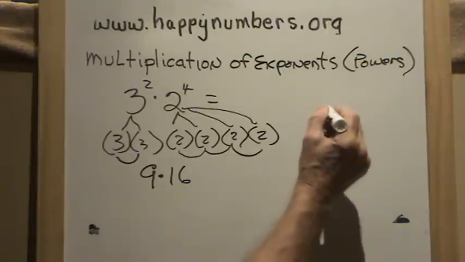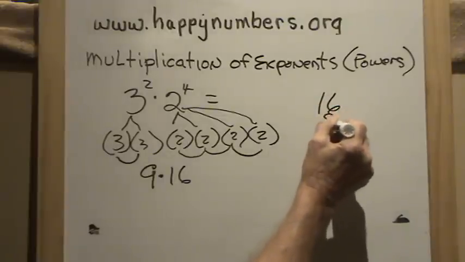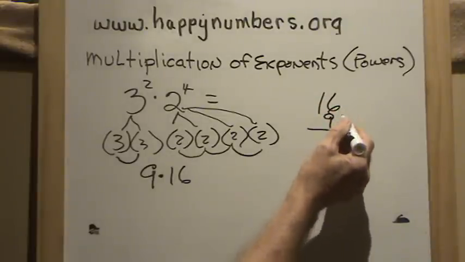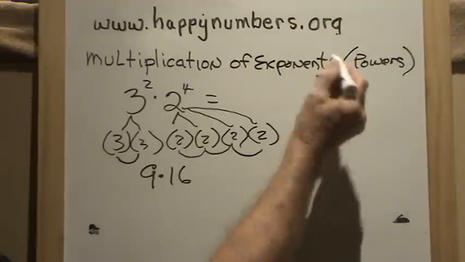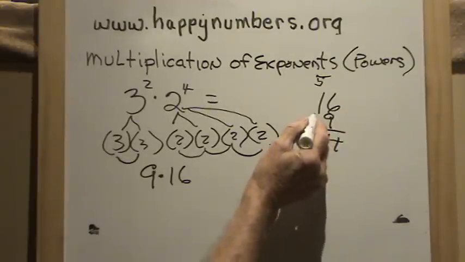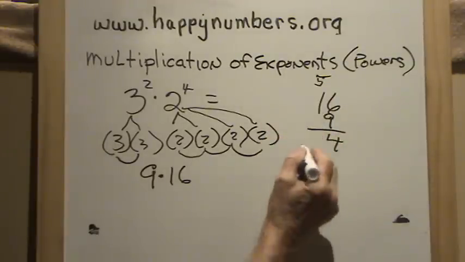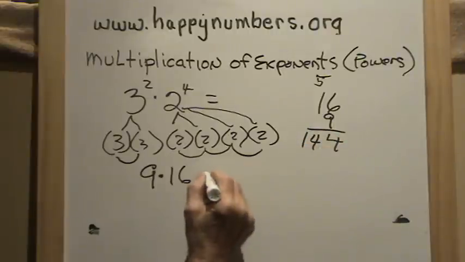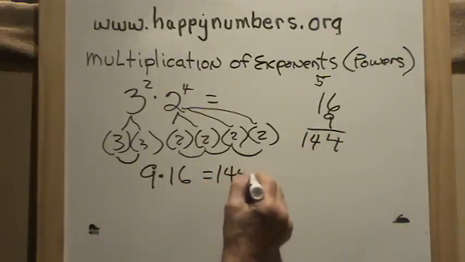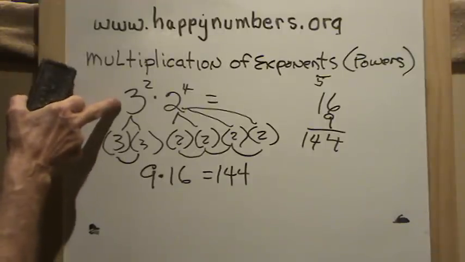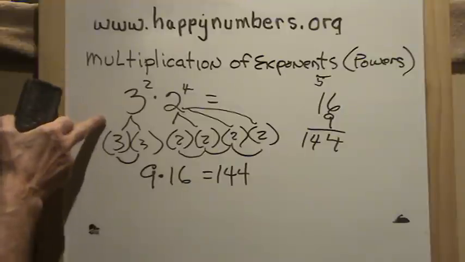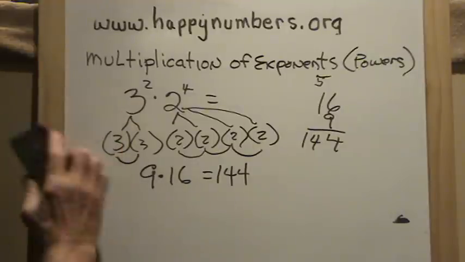And if we multiply 16 times 9, 9 times 6 is 54, put down the 4, carry the 5. 9 times 1 is 9. And we add 5, gives me 14. So the answer is 144. So again, the process is fairly simple. We just expand the base and exponent, multiply, and then multiply across.